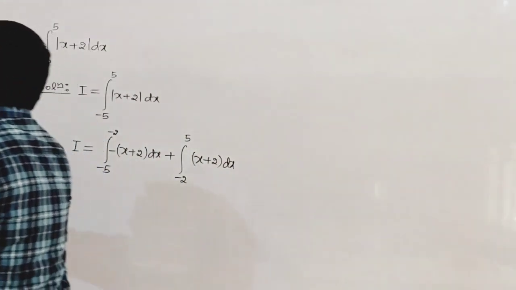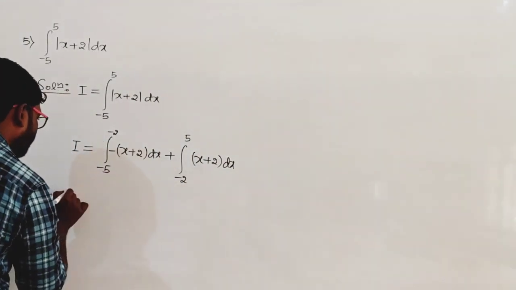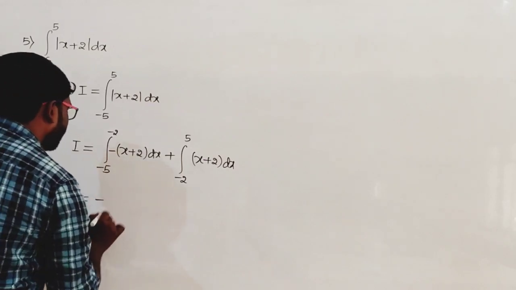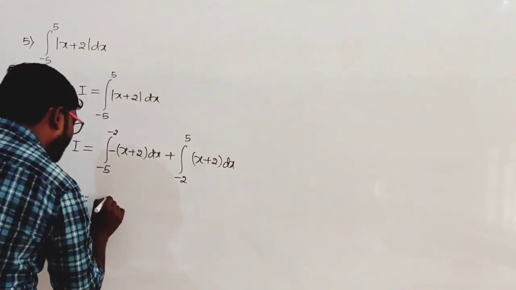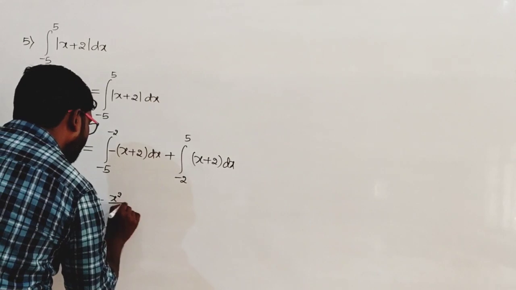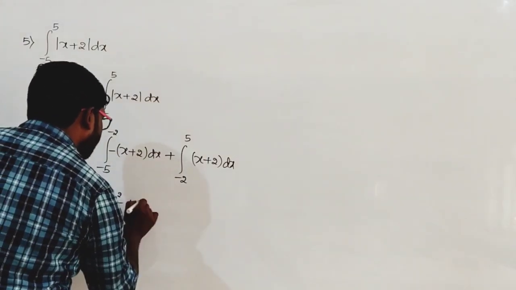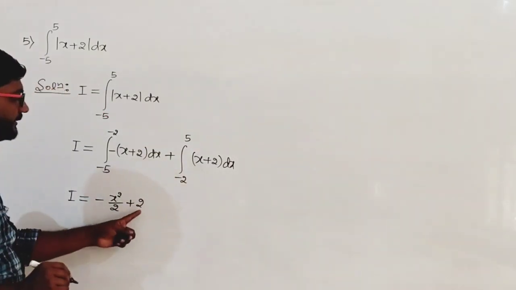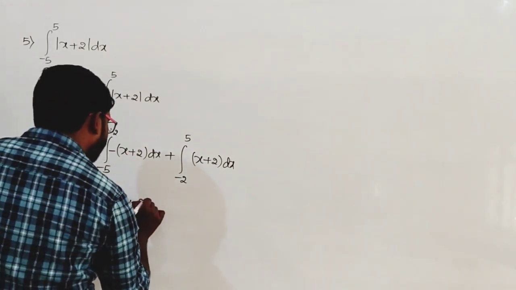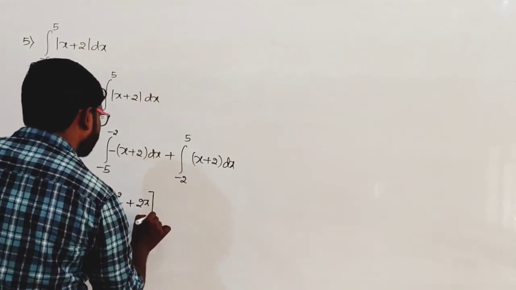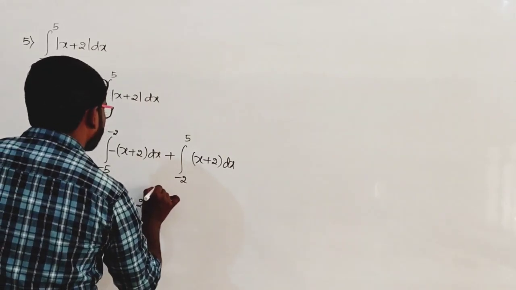Here now it is a normal integration. I equals minus, leave it as it is, then the integration of x will be x square by 2, plus the integration of 2, write it outside, the integration of dx will be x, so we get 2x. Here I have written the minus outside as it is, with limits minus pi to minus 2.